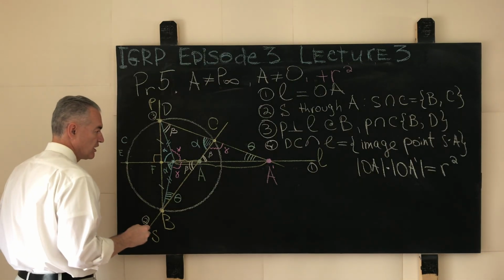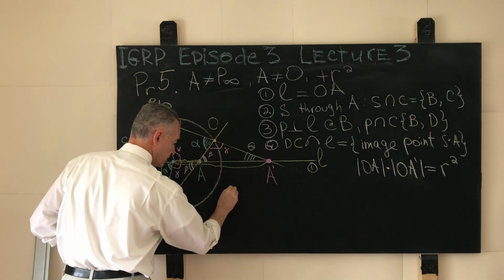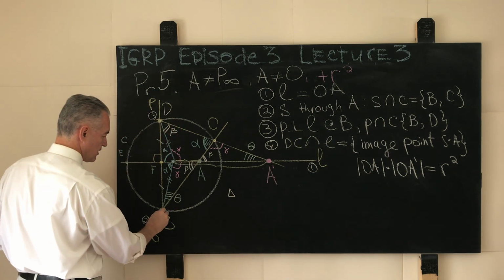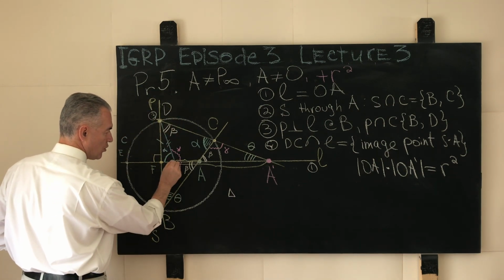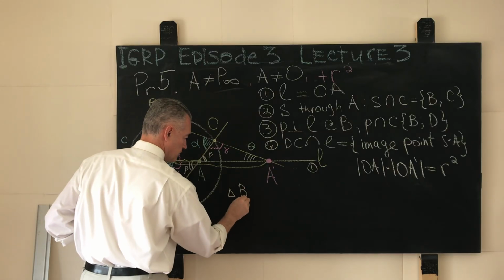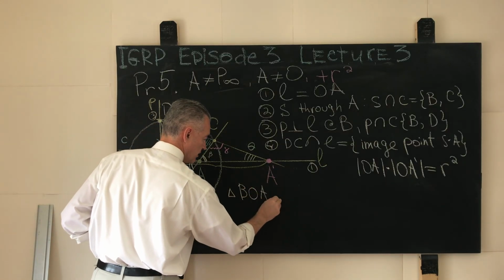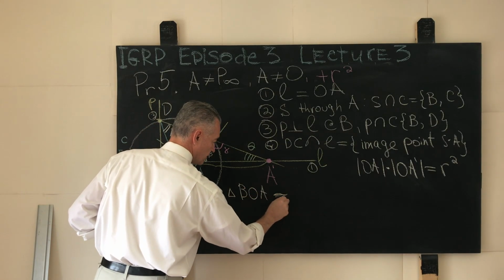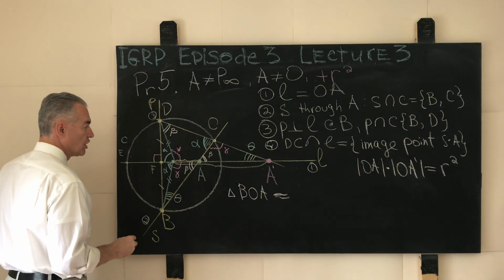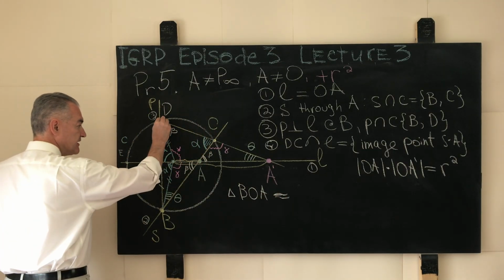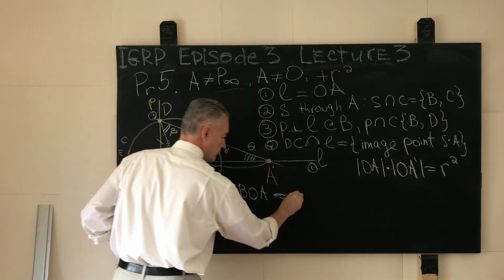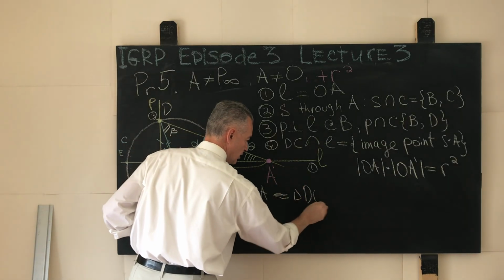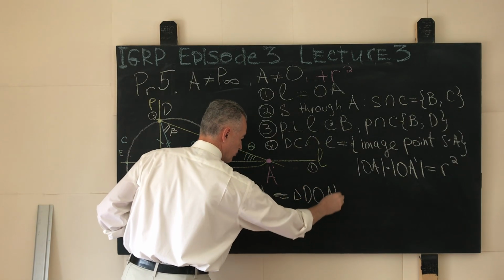We just proved by straightforward manipulation, or the so-called angle chasing, as they say in Olympic mathematics, that the triangle, which one? BOA is similar, whatever the symbol is, to the triangle DOA prime.